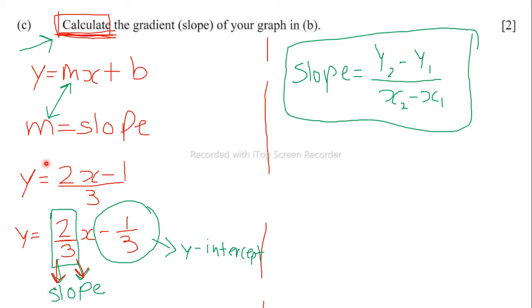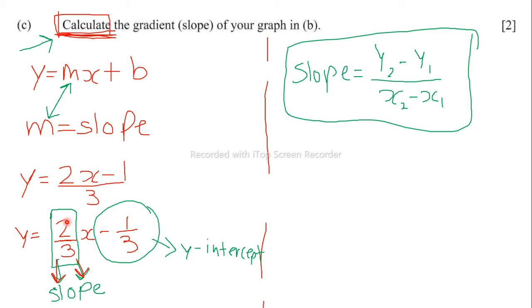If we have the equation of a linear graph, we know that the slope is always going to be what? The number in front of the x. And so we have y is equal to (2x minus 1) over 3. All we did was split it. We put the 3 under the 2 and the 3 under the 1, because it's the denominator, so it applies to both terms.